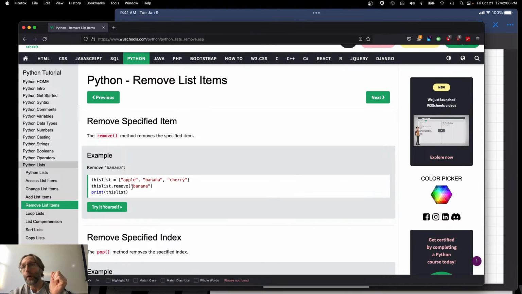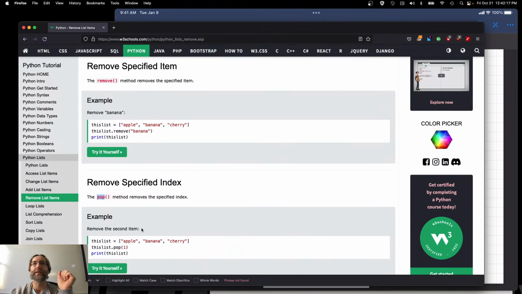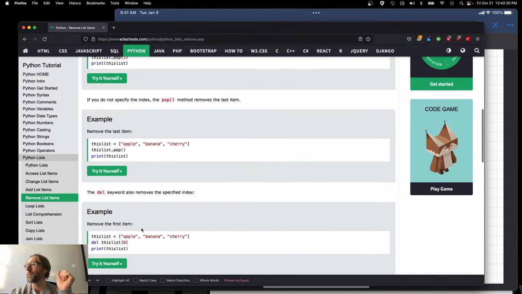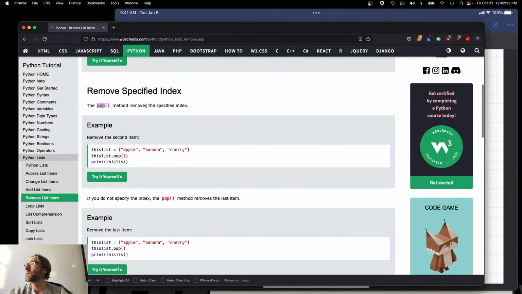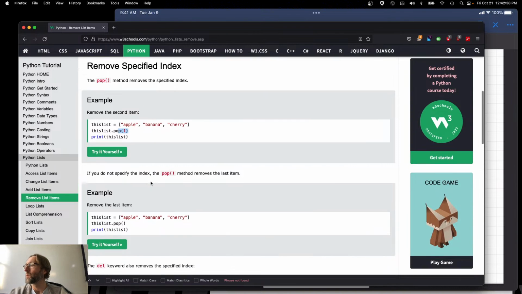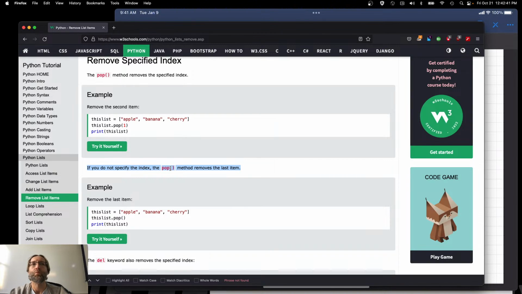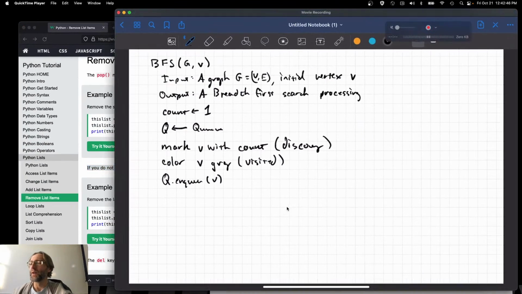So remove 0 removes at the front. Append appends it at the end. But also you've got pop, and I think you've got push too? Maybe not. No, you don't. You just have append and pop, and that operates on this end. So you can treat it like a stack using append and pop. Pop operates at the end. You can specify an index there as well, but by default it's going to go on the end if you do not specify. There you go, last item. That's why we say RTM, right? Read the manual. All right, so there's our aside.